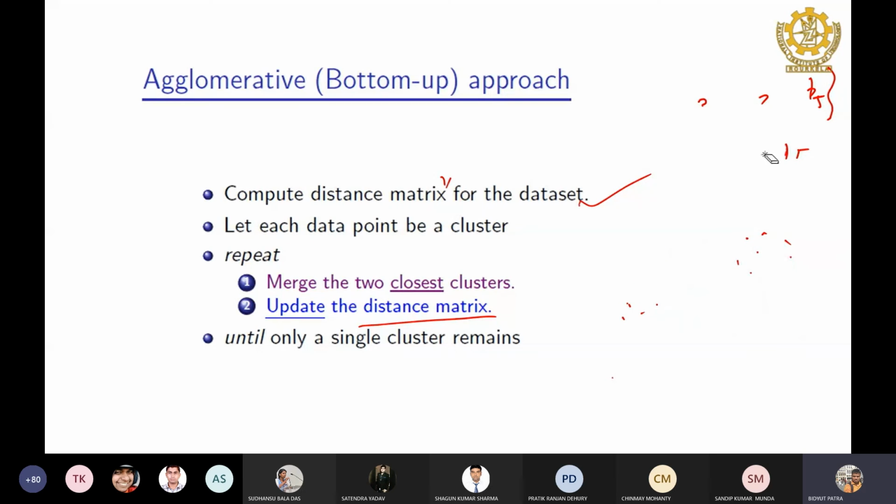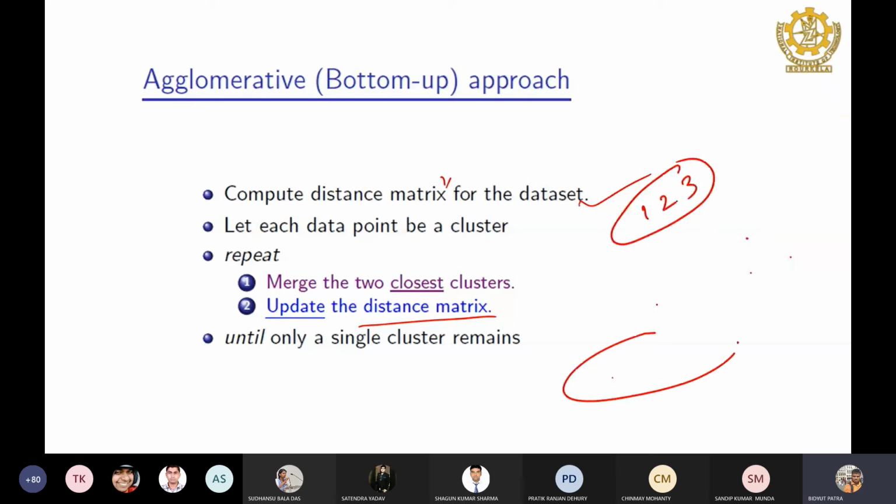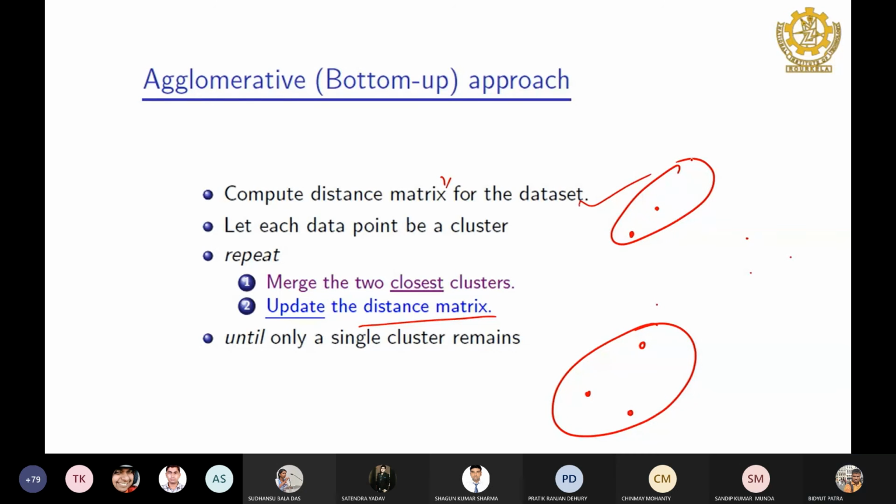So one example I can give you here. Let's say you have points here, 1, 2, 3. You have points here, 4, 5, 6. Now if you use the single linkage, what will be the distance between two clusters?